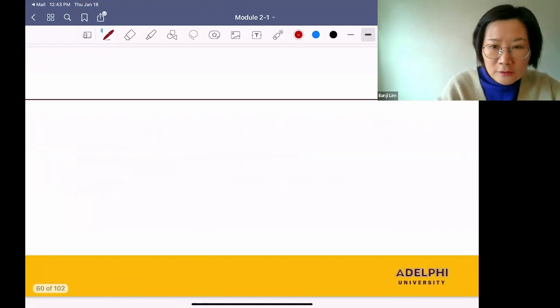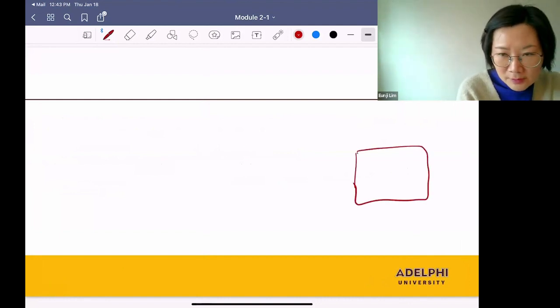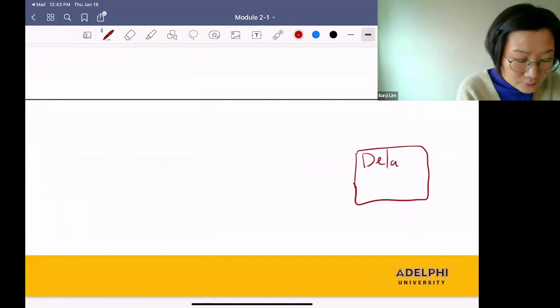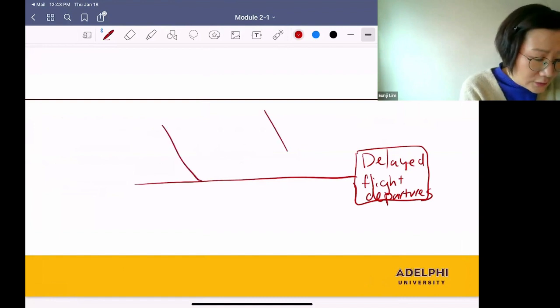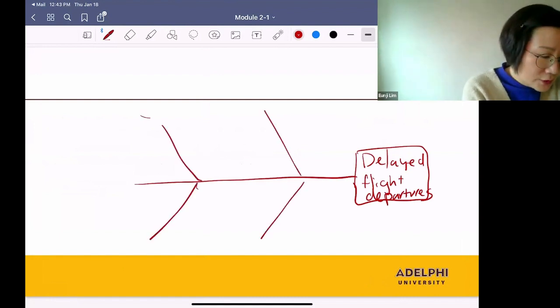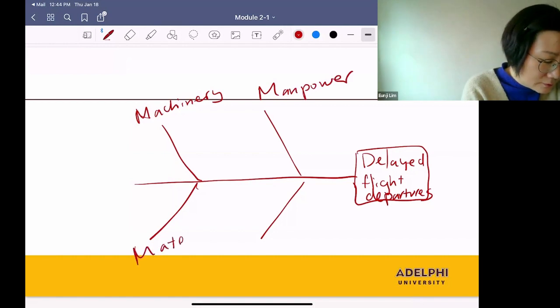So we're going to draw the head of the fishbone diagram, our problem, delayed flight departures. I'm going to draw the backbone and draw the 4Ms: machinery, manpower, materials, and methods.